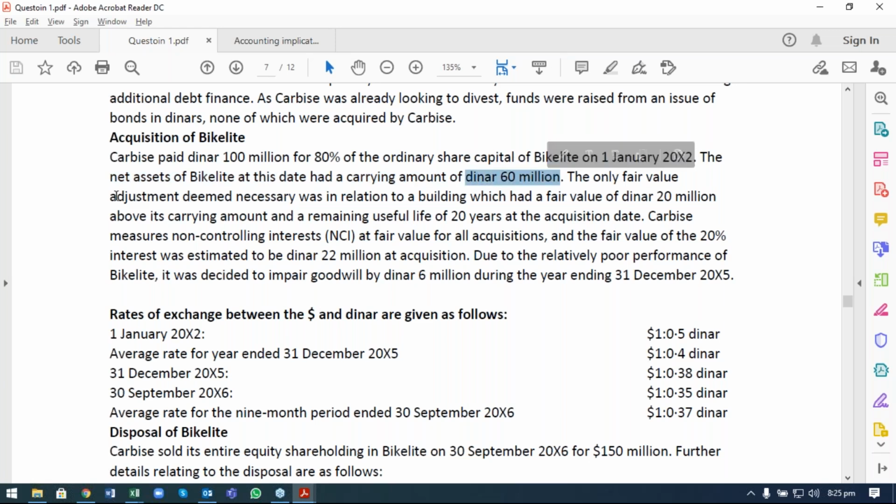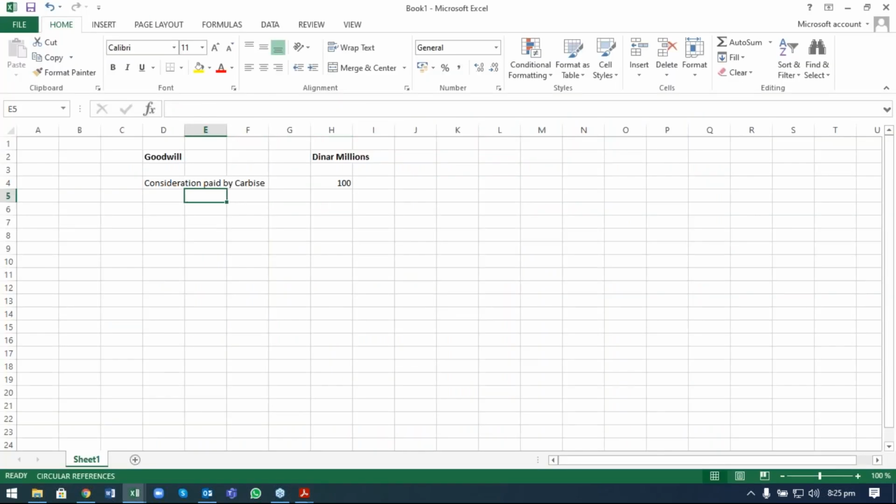The fair value adjustment deemed necessary was in relation to a building valued at 20 million dinars above its carrying value, with a remaining useful life of 20 years. Carbise chose to measure non-controlling interest at fair value, and the fair value of the 20% interest was estimated at 22 million. So another thing: NCI at acquisition date was 22 million.